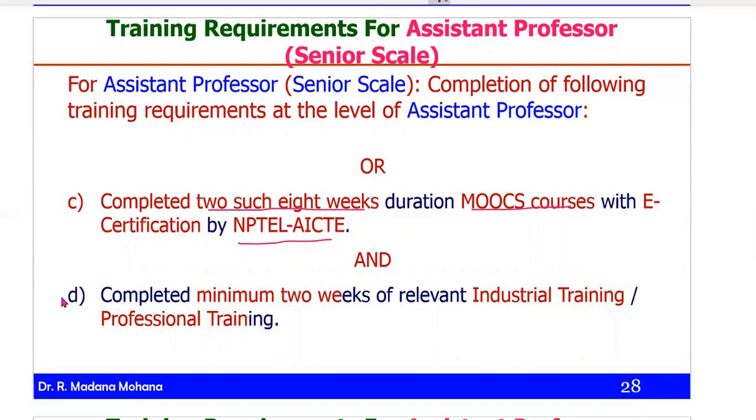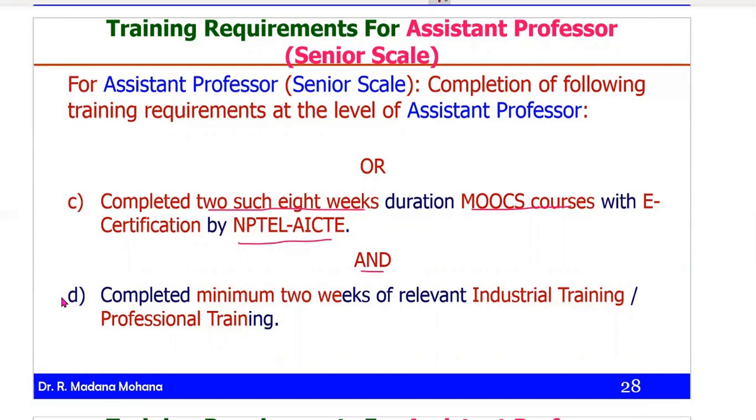That means 2 different NPTEL courses, each with 8 weeks duration. So out of ABC, any one condition needs to be satisfied. Then condition D, this is compulsory.